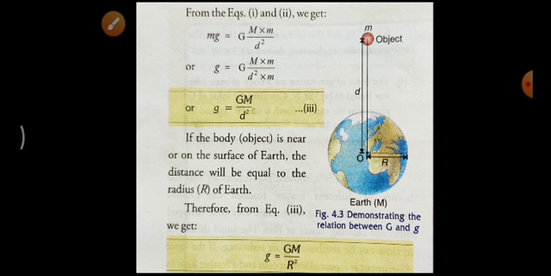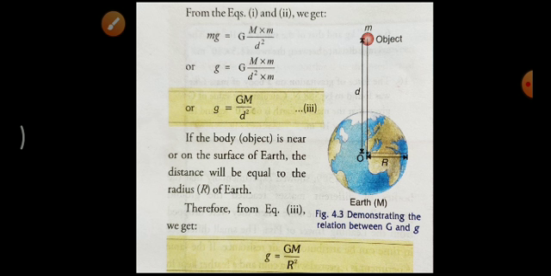Here you can see the object having a mass of m, and the distance between that object and the center of the earth is taken as d. But if the object is present on the surface of the earth, then the distance between the object and the center of the earth becomes the radius of the earth.